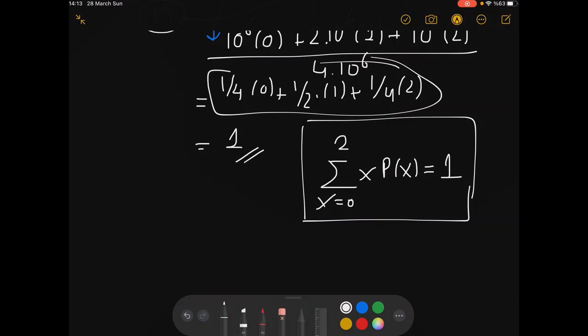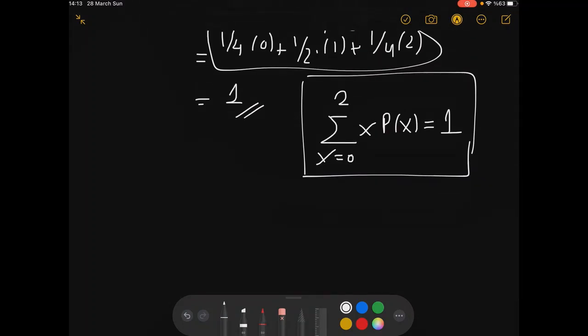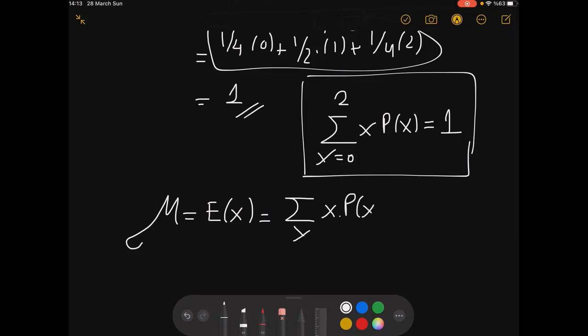You can generalize this for any population. Suppose you're talking about the population average, which is the expected value of x. It should be the total of all x's multiplied by their probabilities in a given population, added together. This is for discrete random variables.